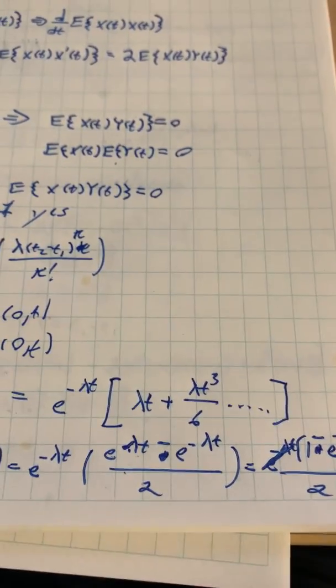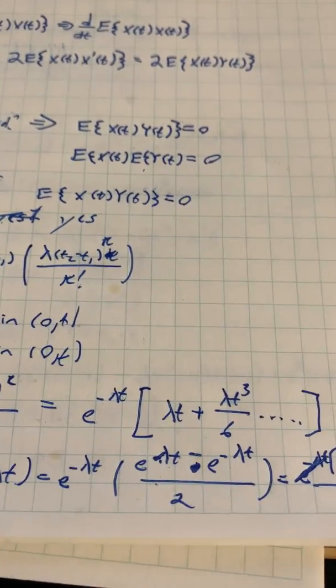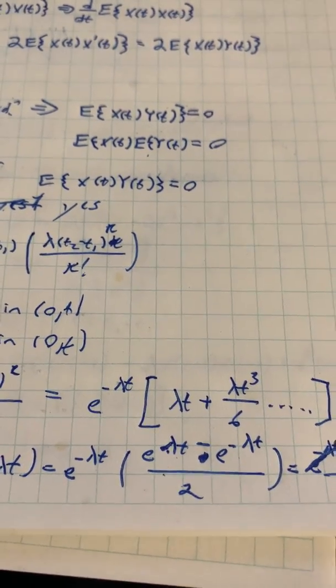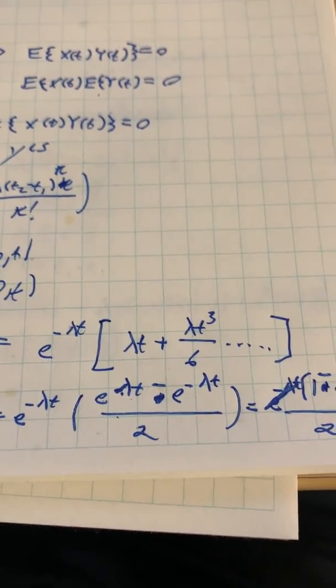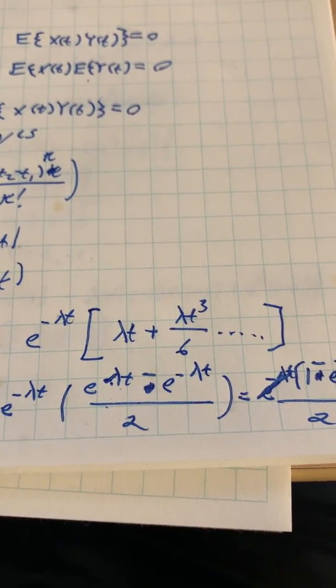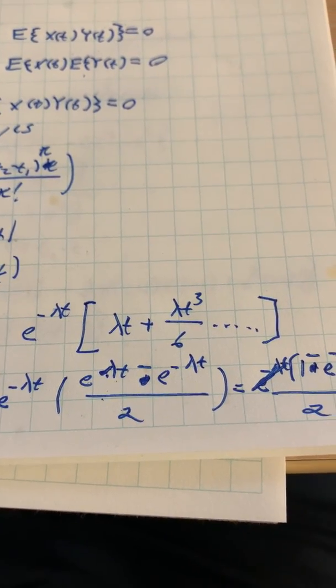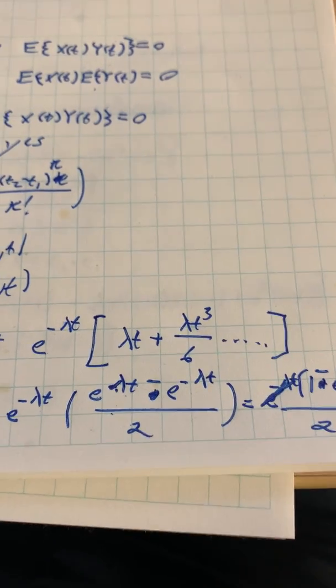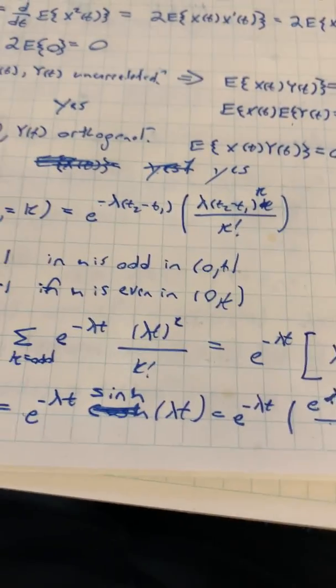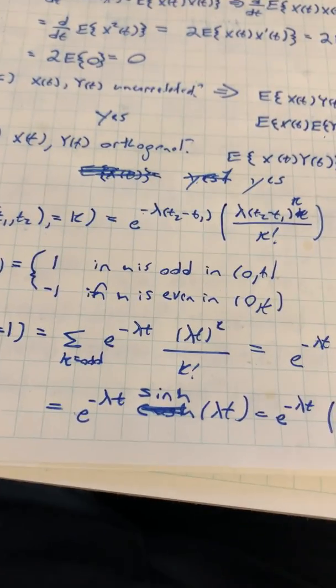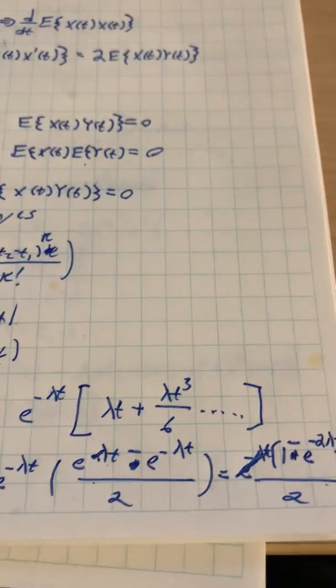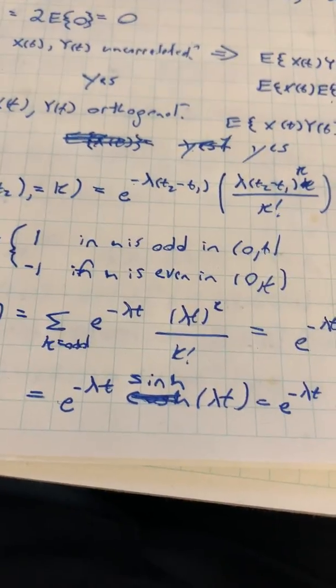So basically you could write that out as e to the negative lambda t. We're plugging and chugging here. And you plug in that for that, you get lambda t plus lambda t to the third over 6, and that continues for every odd value of k. Now, if you look at this, it is equivalent to that.